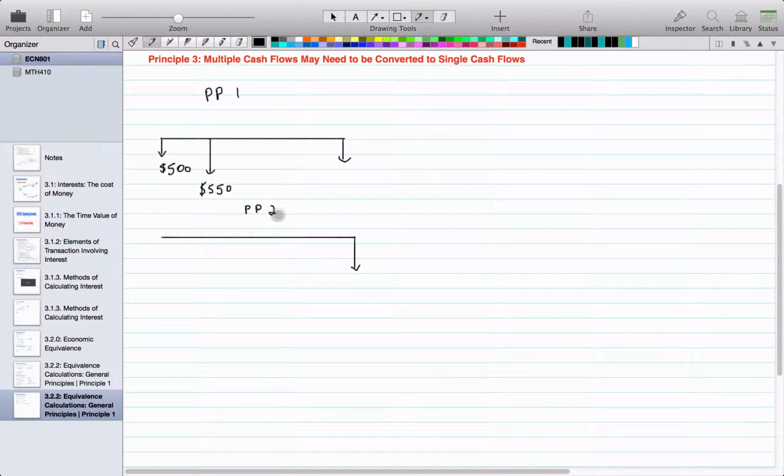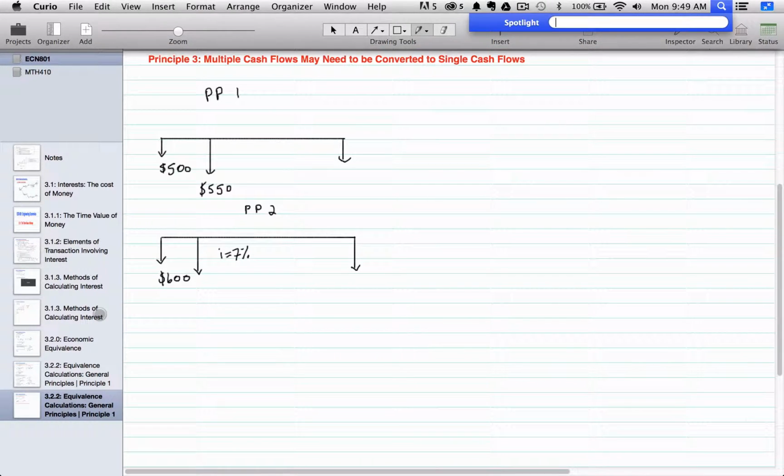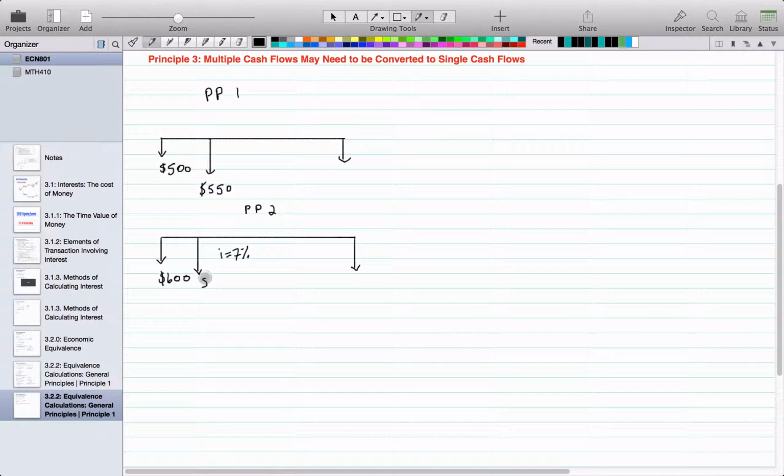This is your alternative number 2. You are asked to pay, let's say, 600, and this one is at 7% interest. So what is 7% of 600? It's 642.